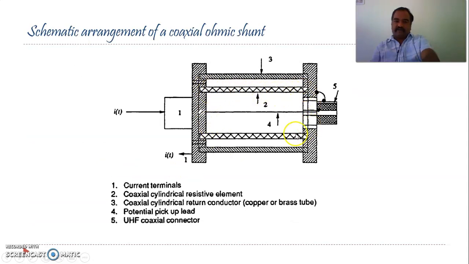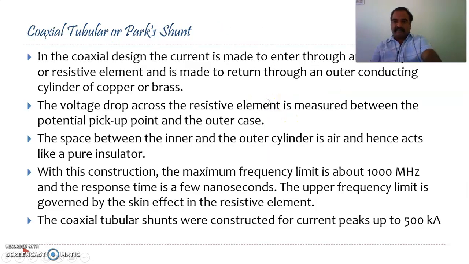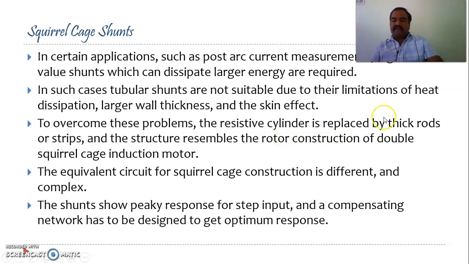Now, in this case, it is the same structure, the same figure. The thin cylinders will be replaced by your thick rods or strips. It will be just like your inner thick cylinder, and the outer is also a thick conducting cylinder. So it just looks like your squirrel cage induction motor, double cage squirrel cage induction motor.